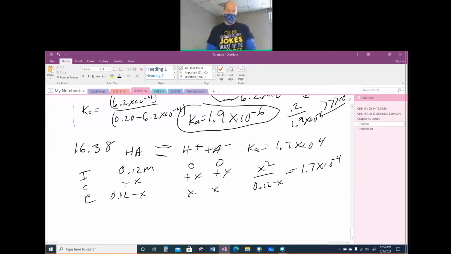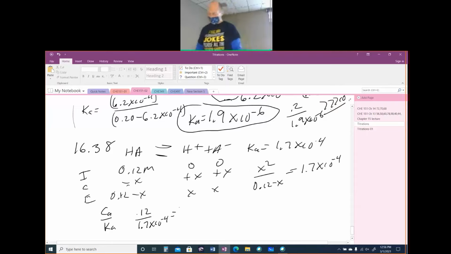So when you take your 0.12 and divide by the 1.7 times 10 to the minus 4, you get 705, which means you cannot use x1. 705 is not greater than 1,000.